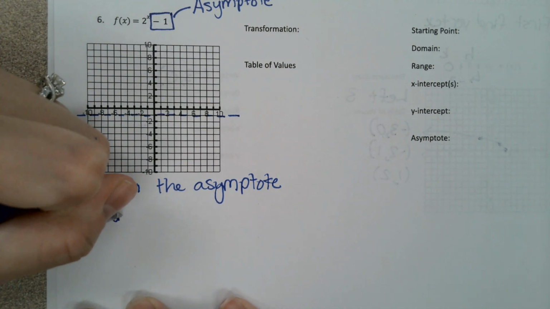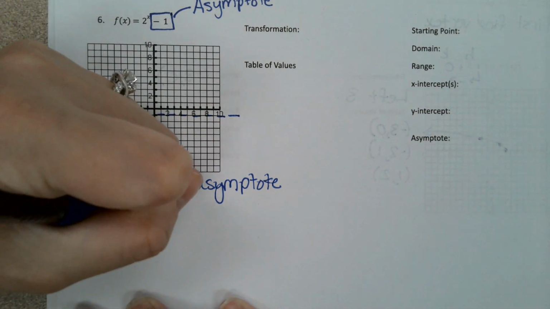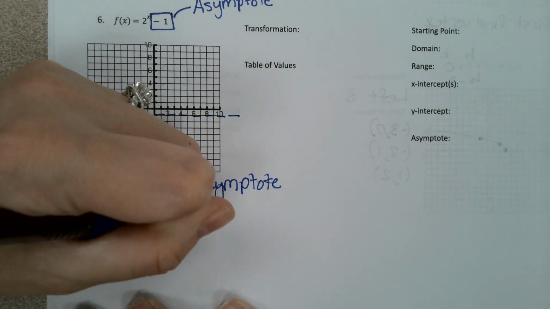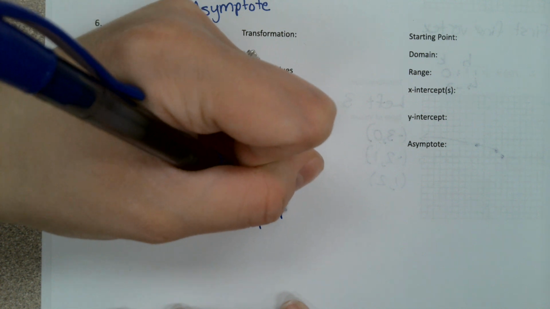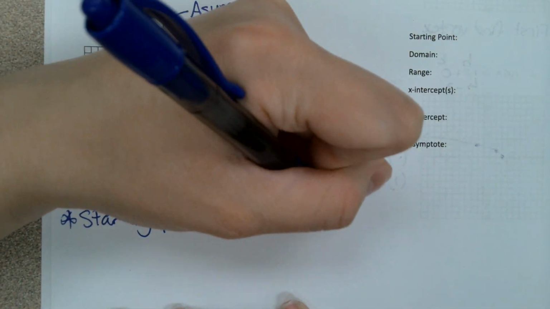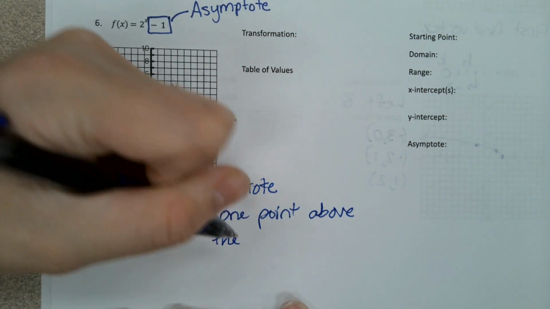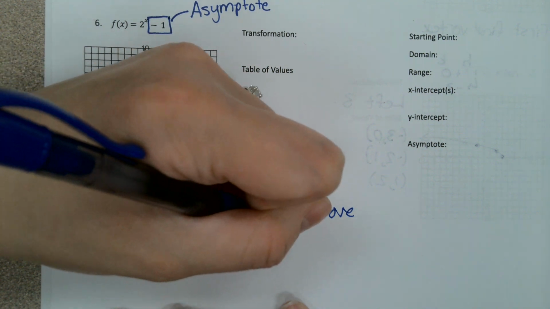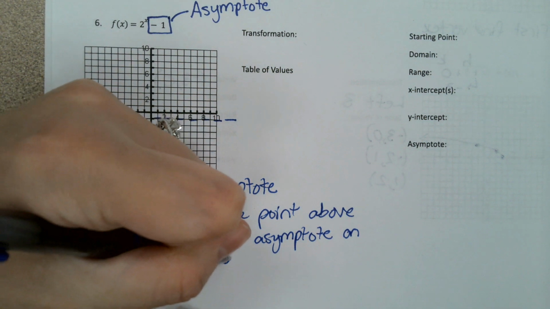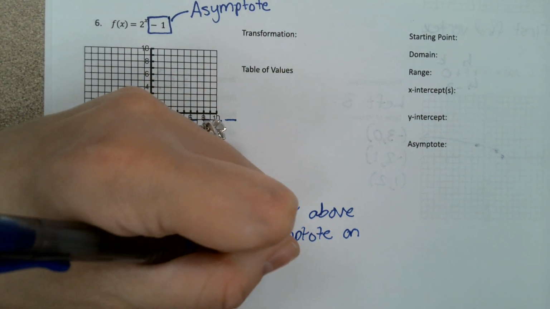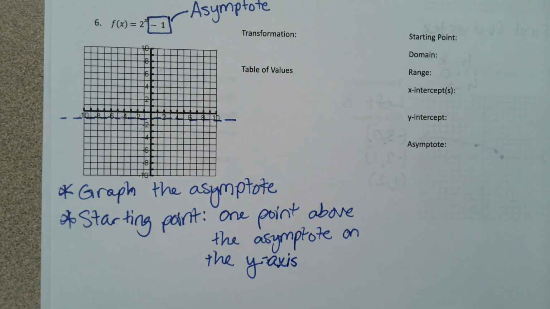For the starting point, it is 1 point above the asymptote on the y-axis. Just trying to be extra clear here.